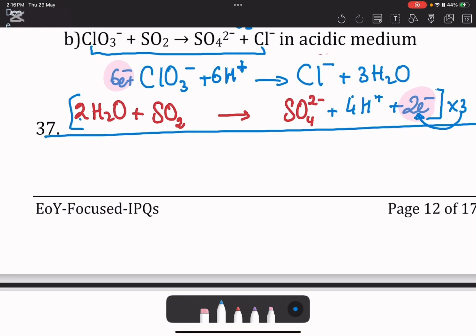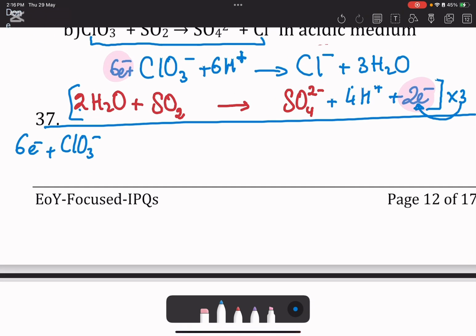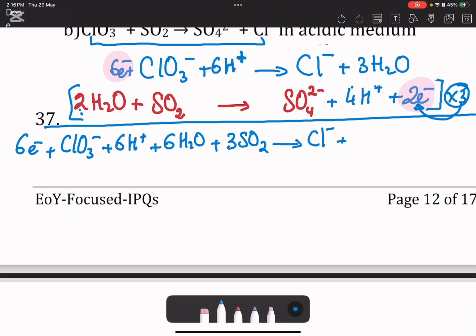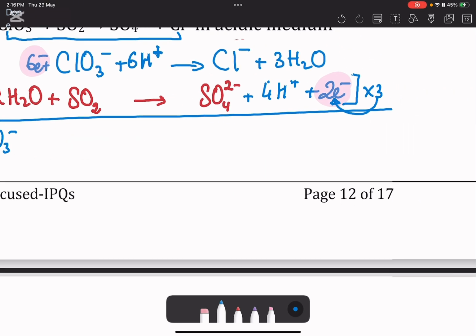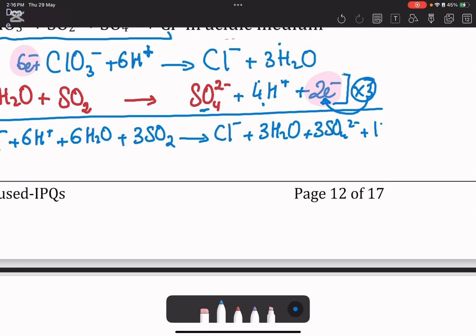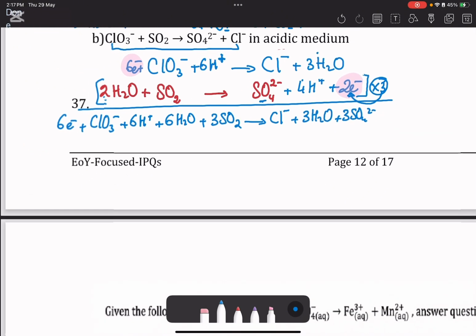So 6 electrons, ClO3 minus, 6H plus, then 3 times 2, 6H2O, and 3SO2, giving Cl minus and 3H2O and 3 times SO4 2 minus and 3 times 4, that is 12H plus, and 3 times 2, 6 electrons.